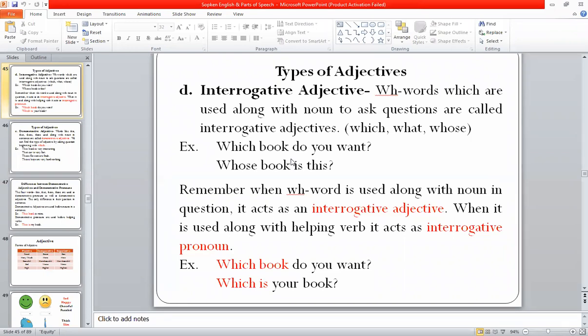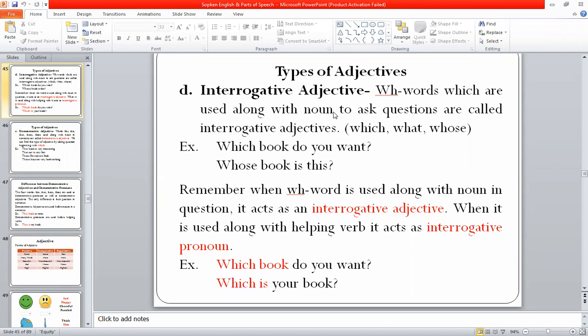Okay, or what qualities do you have? If we ask this question, what qualities do you have, then what is a WH word showing the interrogative adjective, because qualities is the noun which came after that word. So that is why which, what, whose, whom, these are called interrogative adjectives.